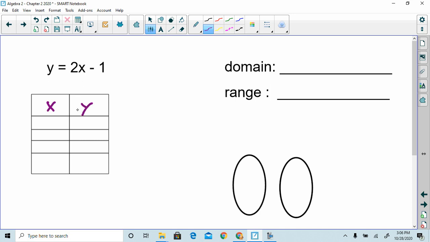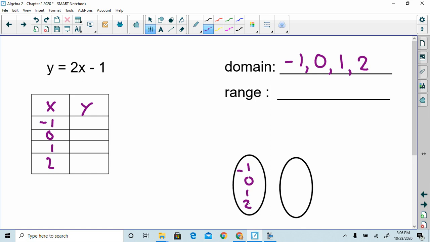So again, I'm creating what we call a table of values. My x values, I'll say, will be -1, 0, 1, and 2. The x values are my domain, so I can quickly fill those right in on this list here. Those values go in my first grouping here, -1, 0, 1, and 2.